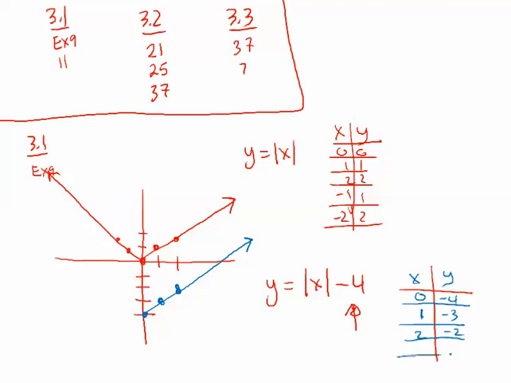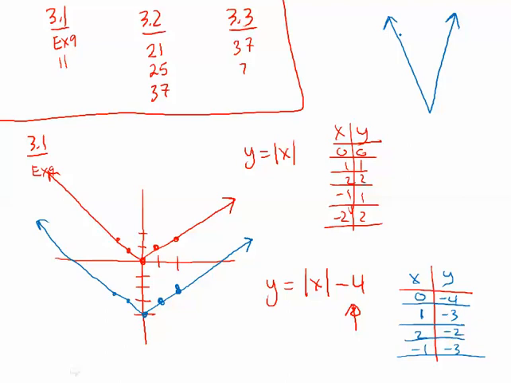How about negative 1? Absolute value of negative 1 is still positive 1, subtract 4 is still negative 3. So I got this line here, and this one, and I give myself a graph that looks like this, but straighter. So absolute values always give this V shape.